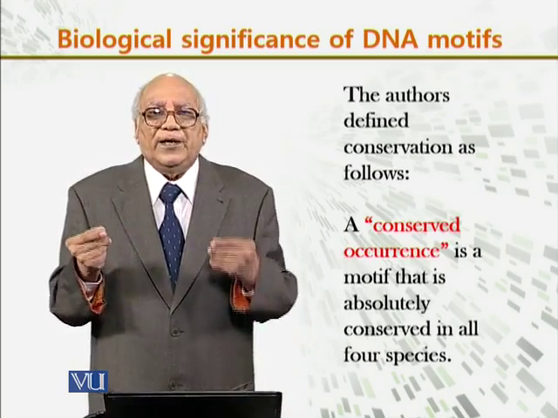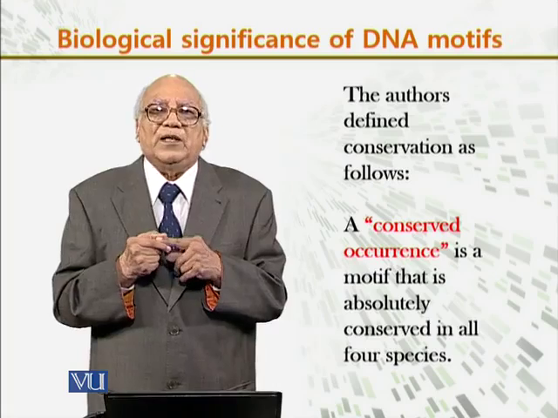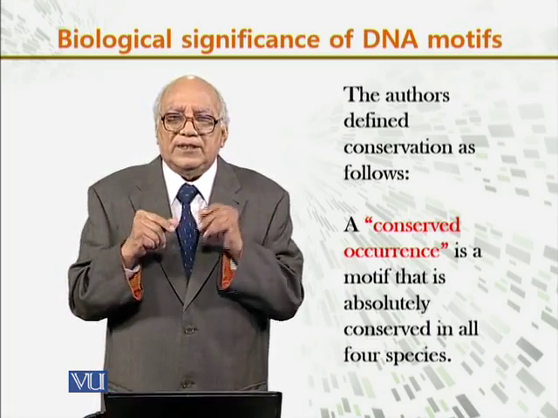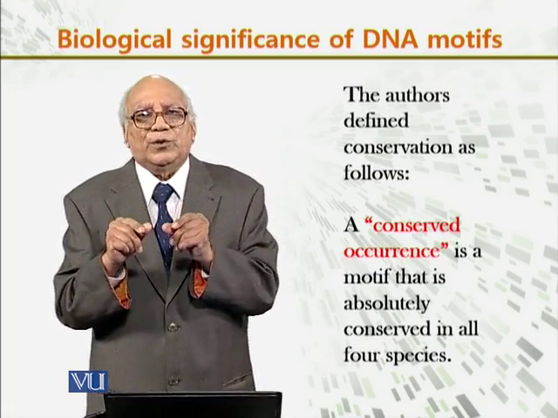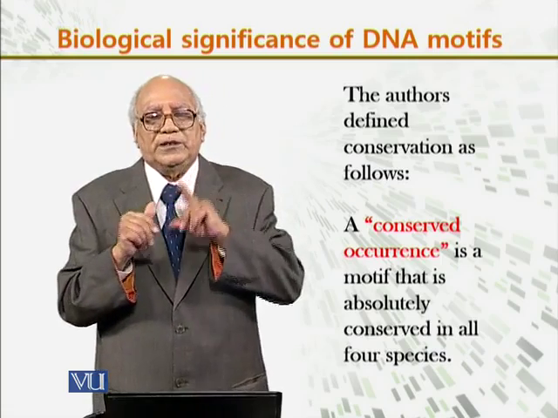Now, the authors defined conservation as follows. How do we define that a part is conserved? A conserved occurrence is a motif that is absolutely conserved in all four species.